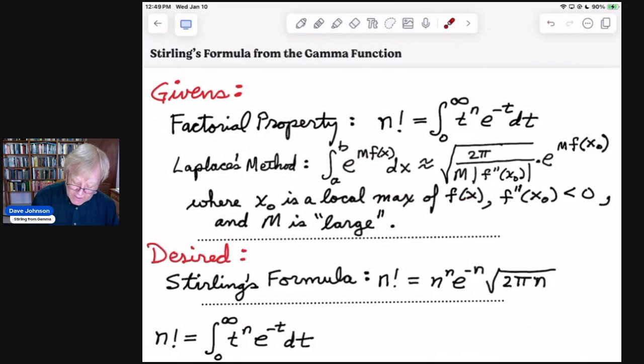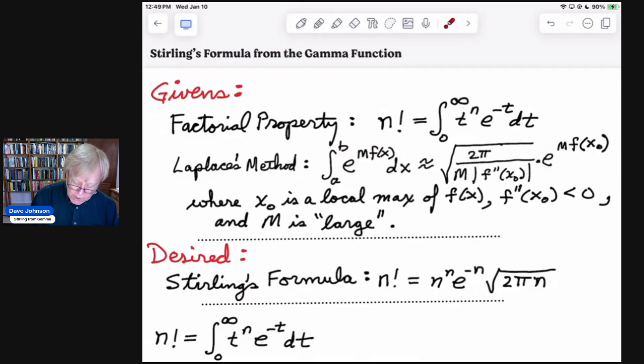So if you can find an f of x from whatever the integral is that you're trying to approximate that has a local maximum, and by local maximum we mean that the second derivative evaluated at that critical point is negative, and where m is large enough, and here he's imagining that it becomes exactly correct if m goes to infinity, then you can use this method to approximate this integral.